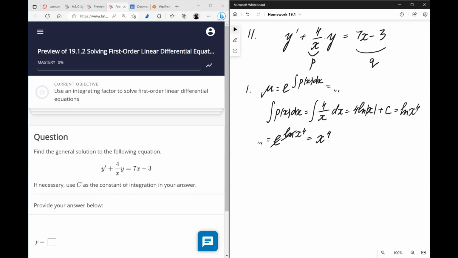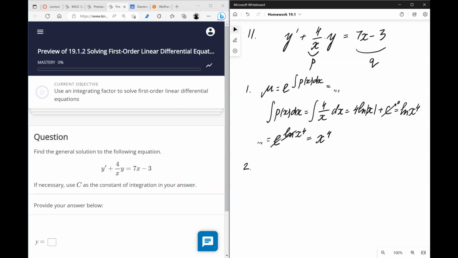Now, why do we choose c to be equal to 0? Because it will work exactly the same way for any value of c, and if it works exactly the same way for any value of c, why work harder and not smarter? So let's just choose c to be equal to 0.